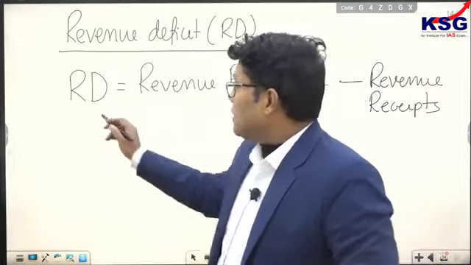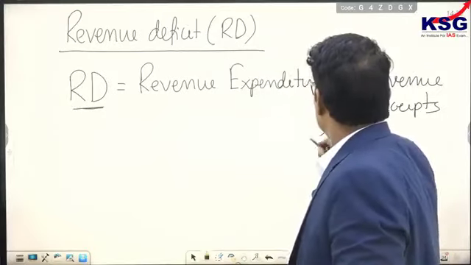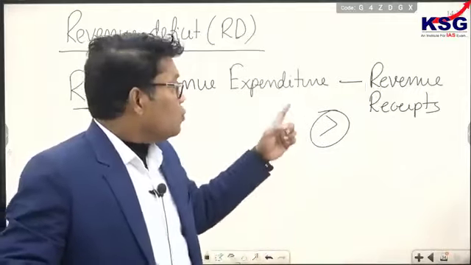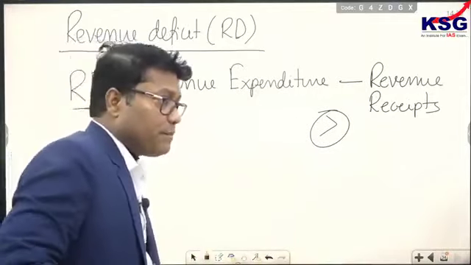So, if you are getting a revenue deficit, that is when revenue expenditure is more than the revenue receipts, only then is there a deficit amount. So if there is a revenue deficit, what does it imply?